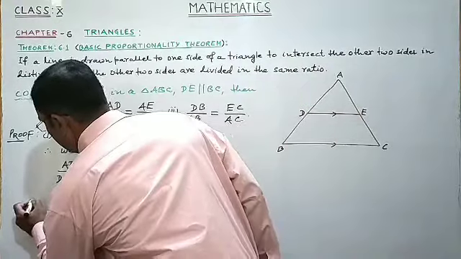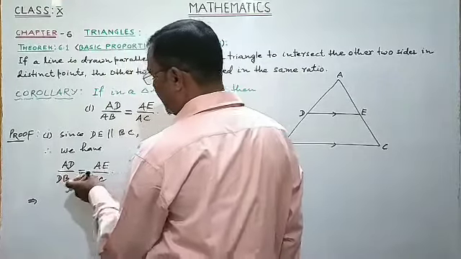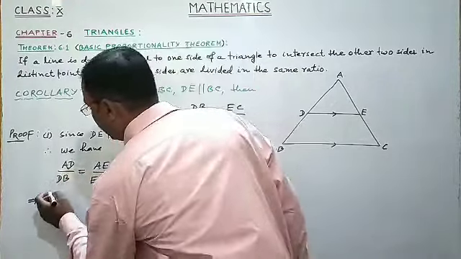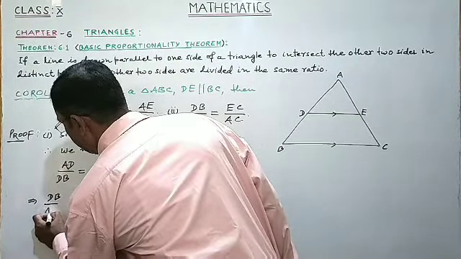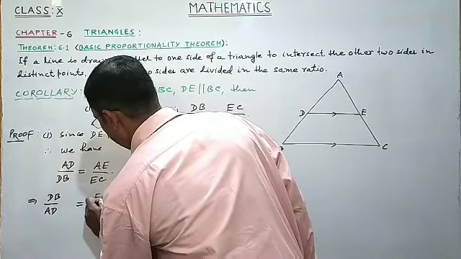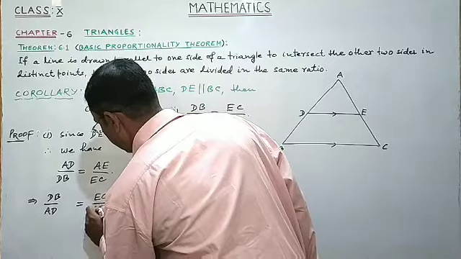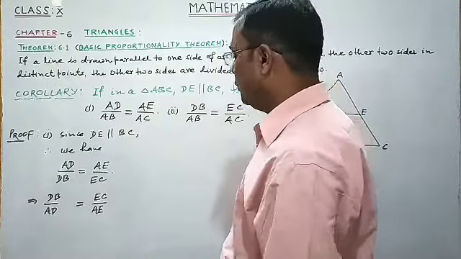Now apply invertendo on both sides, means write the reciprocals of both sides. So it is DB by AD equal to EC by AE. Now add 1 to both sides.